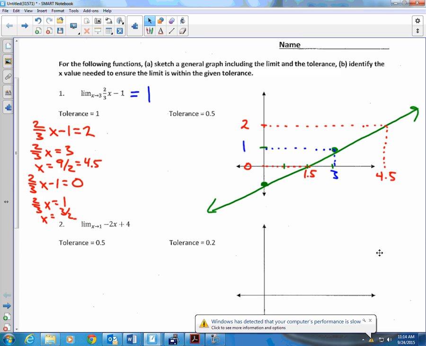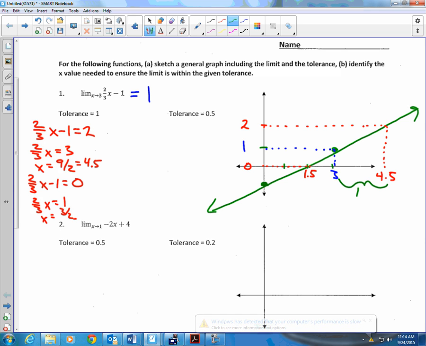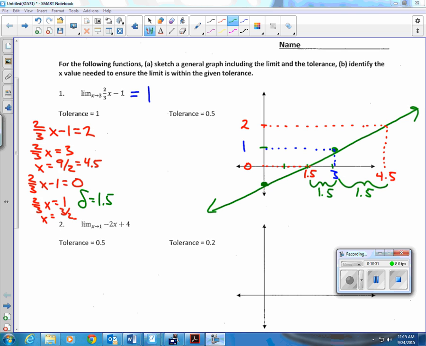What's the difference between 3 and 4.5? What's the difference between 1.5 and 3? Those are the same, aren't they? So therefore, delta is equal to 1.5 if you want a tolerance of 1. We'll do the other part when we get back. Go to lunch.